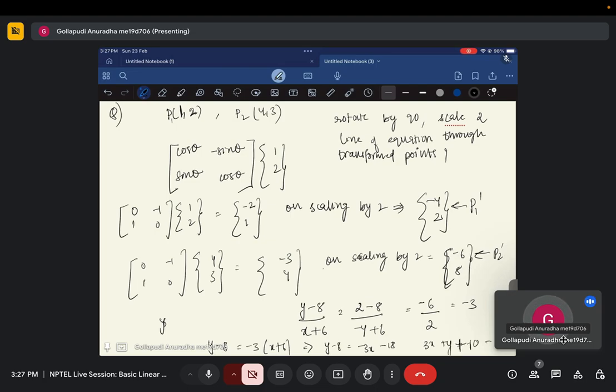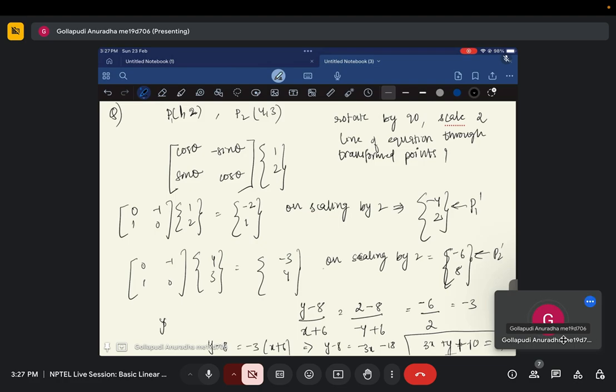So I hope you got this equation: 3x plus y plus 10 is equal to 0. Is it clear?